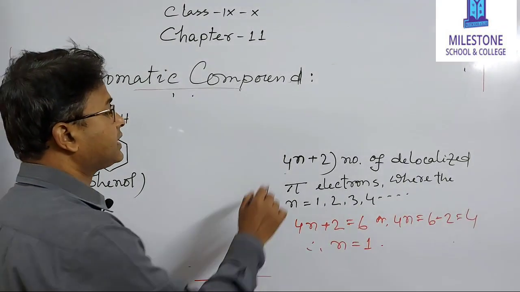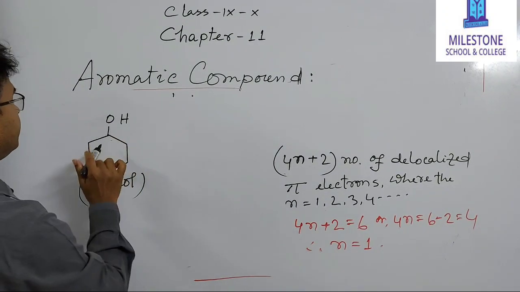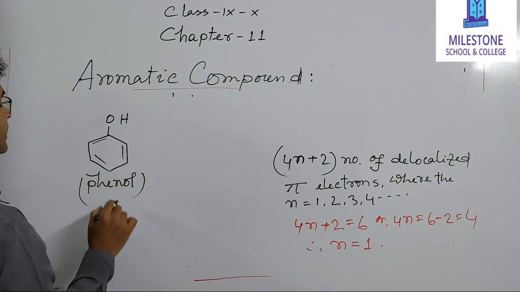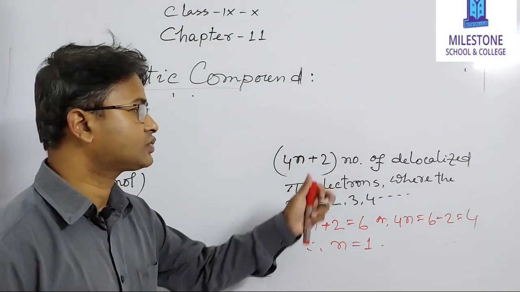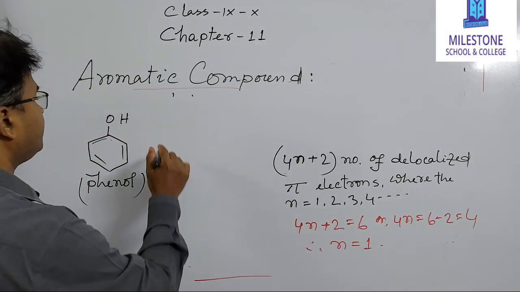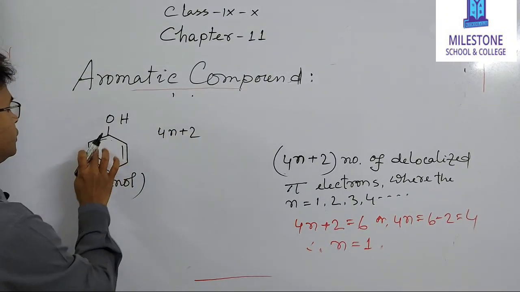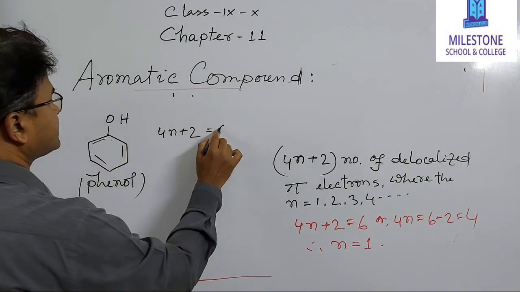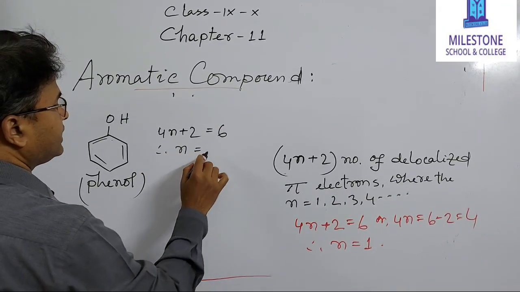Again, if you write the bonds of phenol, the benzene ring of phenol contains alternating carbon-carbon double bonds, and it contains 4n plus 2 delocalized pi electrons. 4n plus 2 is equal to 6, so n is equal to 1.